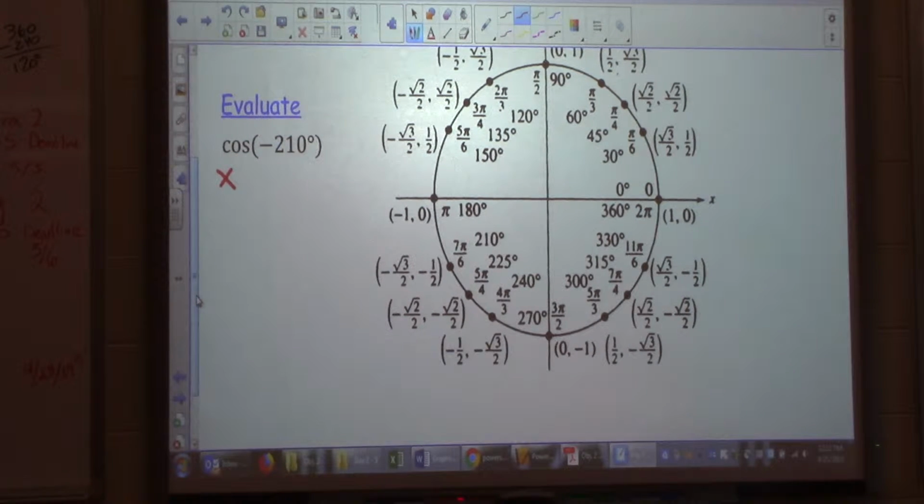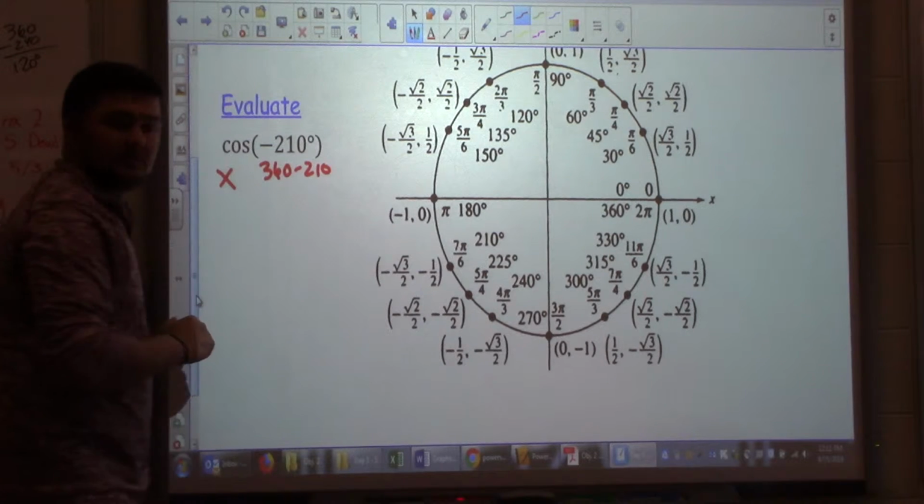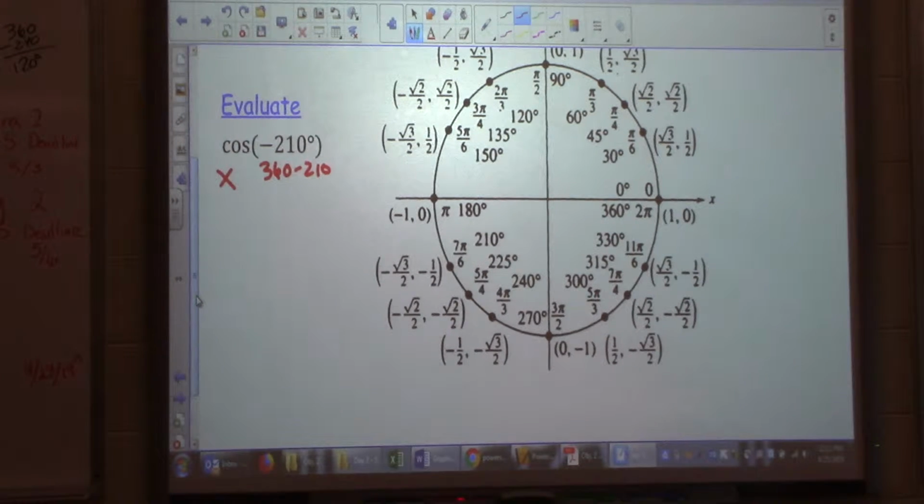How did we say we did it up here? We took 360 and we subtracted it. So I'm going to take 360 minus 210. Why are you doing that? Because remember, if I go 210 degrees negative, I want to find out what that positive value is going to be.